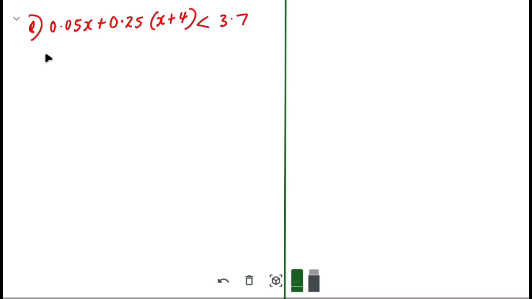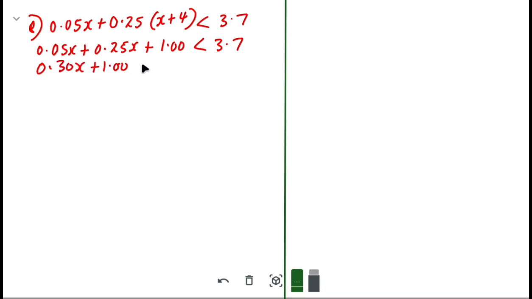So let's get started. In this case, we're going to be having 0.05x plus 0.25x plus 0.25 times 4 will give us 1.00 less than 3.7. The next thing you need to do is to add up this number. So we'll be having 0.30x plus 1.00 less than 3.7.